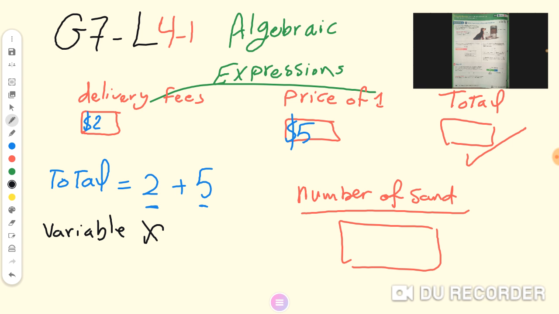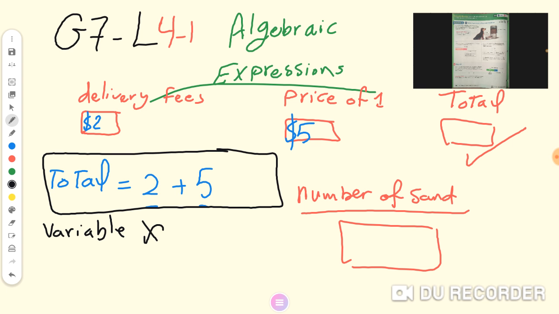So I can't say the total equals $2, which is the fee. We call the fee here the initial value, which I will already pay.